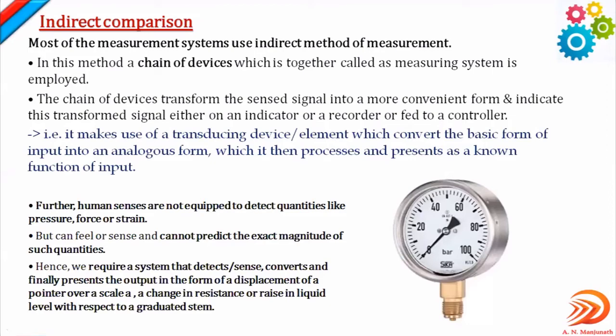As compared to the previous one, indirect comparison consists of a chain of devices. More than one element is involved in the measurement system, which facilitates the operator in obtaining an accurate result.